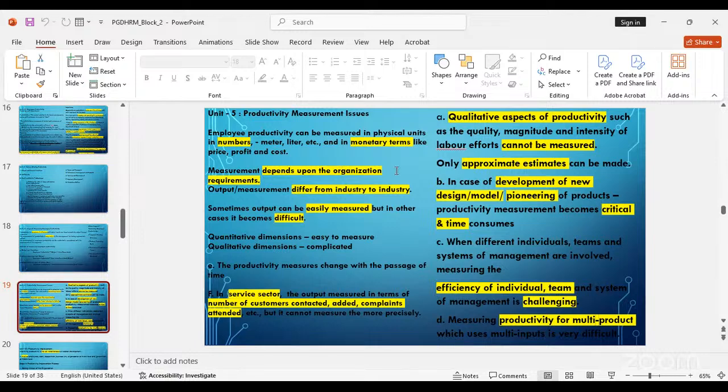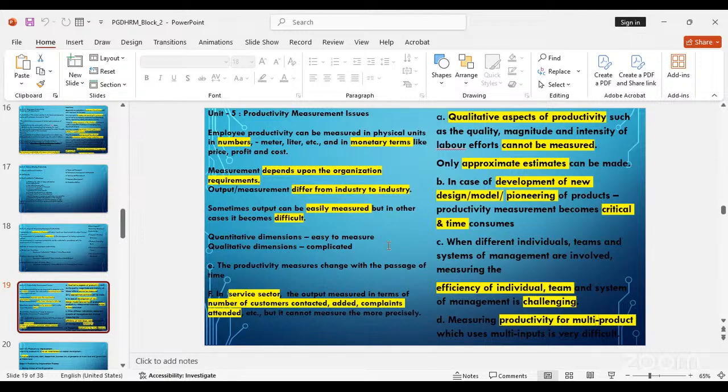Again, it depends upon the requirements of the organization. It varies from industry to industry. Sometimes output can be easily measured, but in other cases it becomes very difficult.